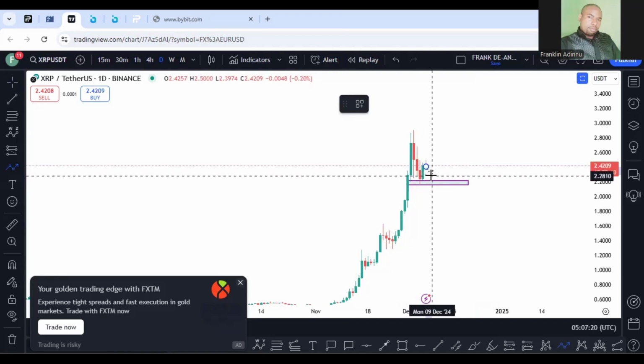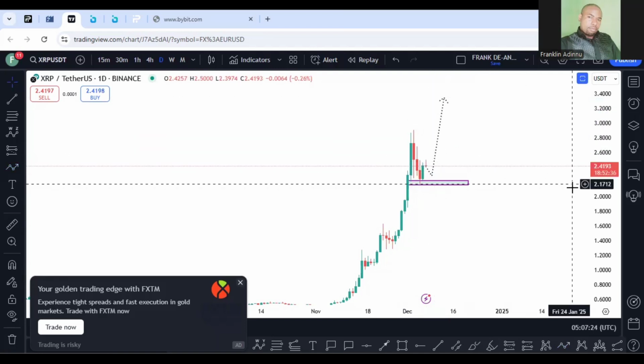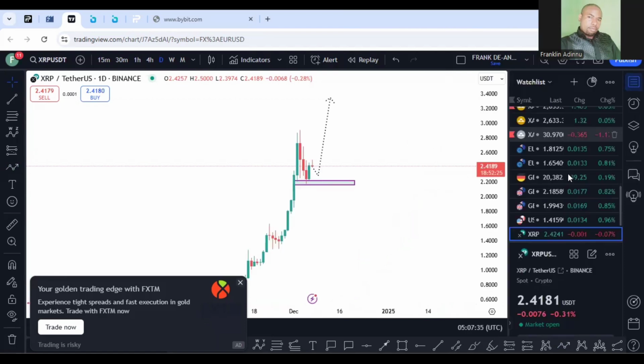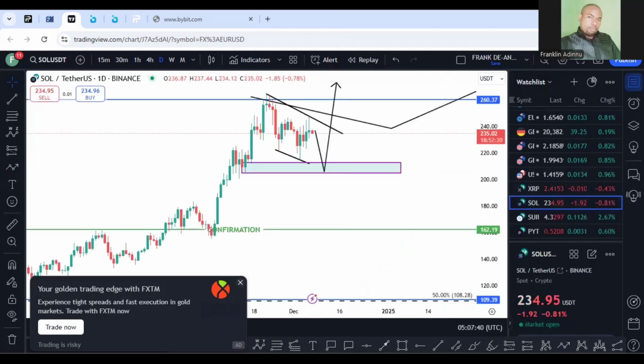We have a correction to come here and then boom, XRP to $3, $4, $5, $6. XRP is supposed to be about $10. For a very long time it has been sluggish because of unforeseen circumstances like that court case that lasted so long.